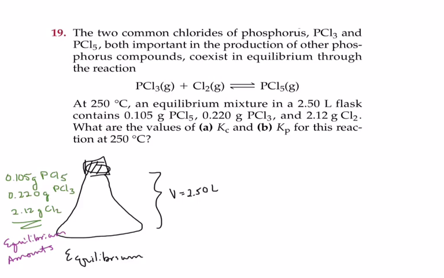So honestly, that's one of the things you have to do right off the bat. So they tell you the mass, it's like a general chemistry 1 problem. They tell you the mass and they give you the volume, so you have to actually knock out molarity before you can work this problem. Once you get molarity, you can go ahead and tap those molarities into your equilibrium constant expression. Stoichiometric coefficients are 1 across the board. Okay, and that'll give your Kc.